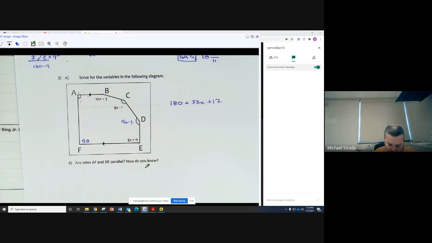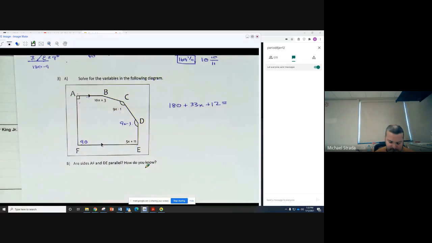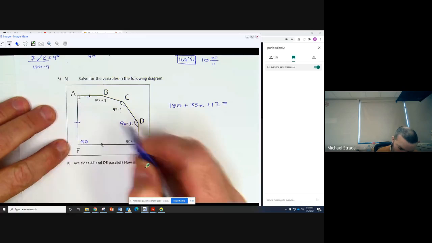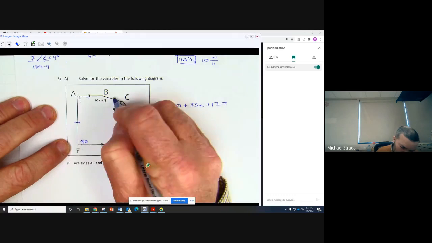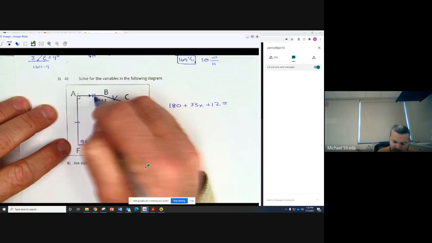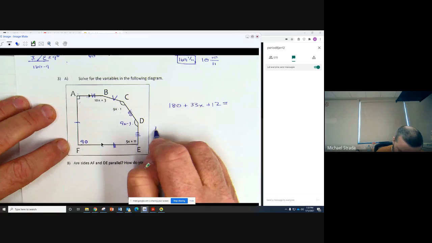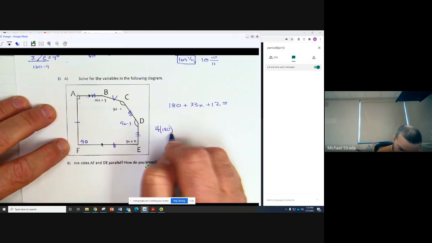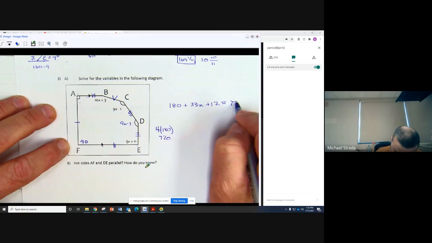So that's what all those angles add up to, and I set that equal to the sum. 1, 2, 3, 4, 5, 6 sides. 6 minus 2 is 4. 4 times 180 is 720. That means those angles add up to 720.